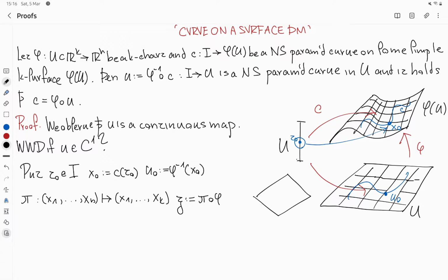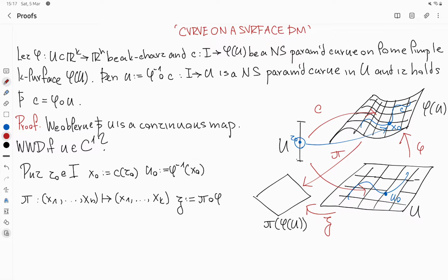Okay, put another picture here, and this would be the surface after applying the projection pi. So this would be pi of phi of U, and we can denote G to be a function mapping U here.